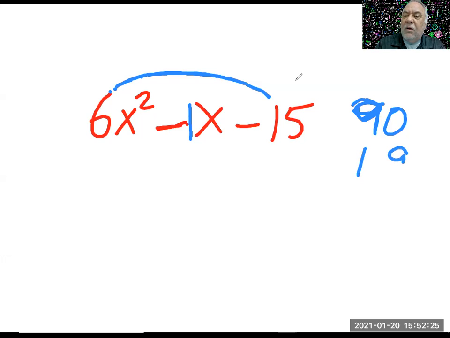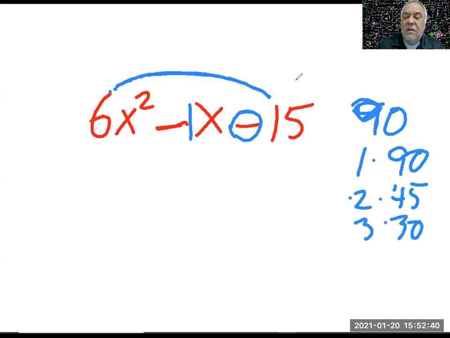So 1 and 90 aren't going to do it. And one of them has to be negative because this is negative. You can say 2 and 45, 3 and 30. 4 is not going to work. 5 and 18, 6 and 15.